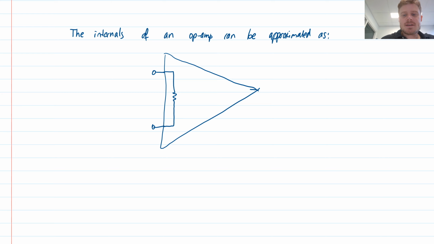But the thing that's connected to our output here is going to be basically this voltage-controlled voltage source. You can think of it like this voltage-controlled voltage source, which is our gain times Vp minus Vn, where Vp and Vn are the pins at our input here.